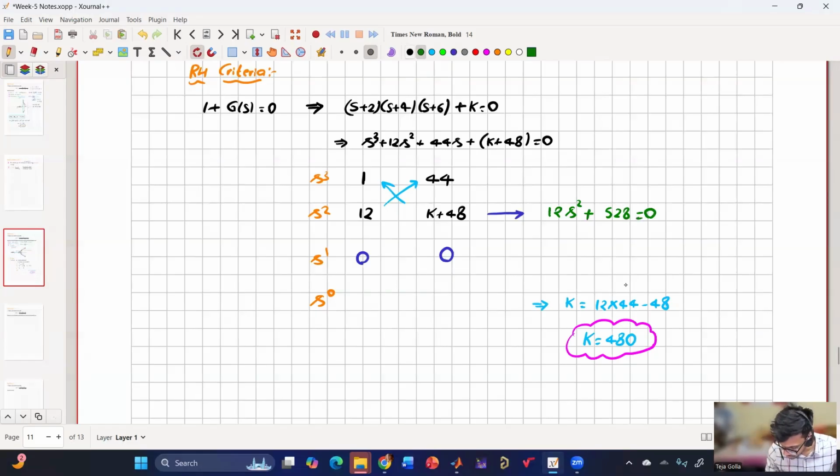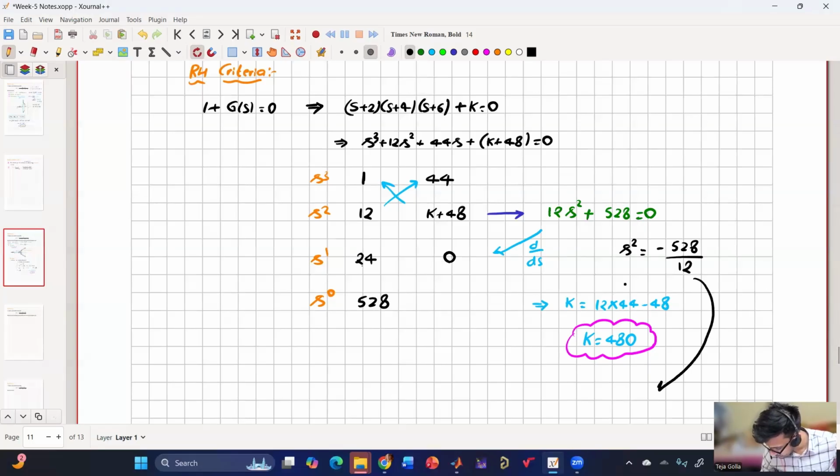So now I have to differentiate it to get 24 and then 0, and then this will become 528. So now if I solve this auxiliary polynomial, they are the roots of the closed loop, right? So I will get s square is equal to minus 528 by 12.